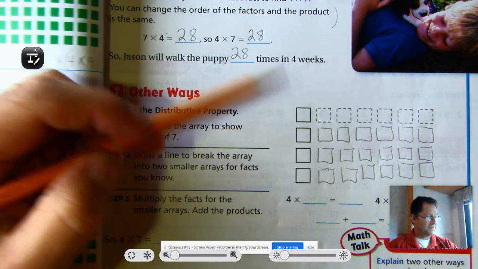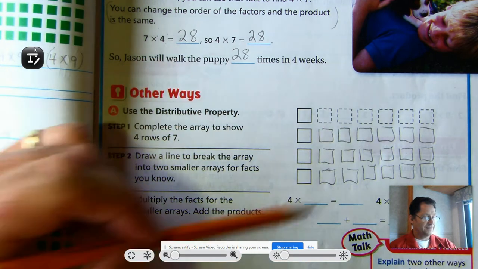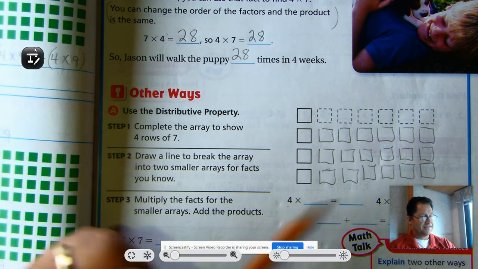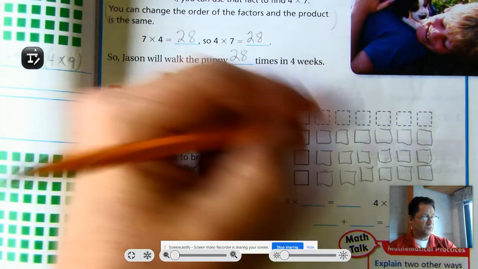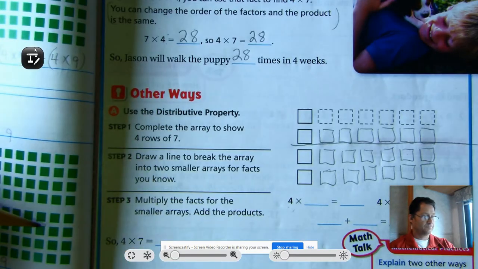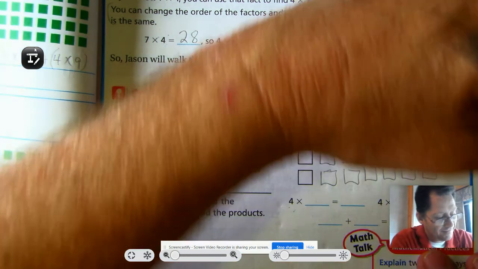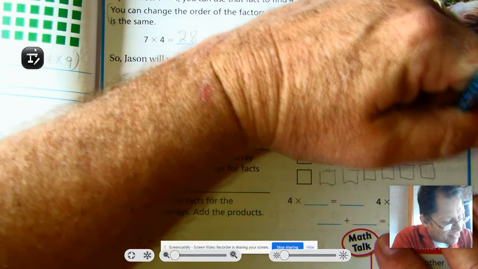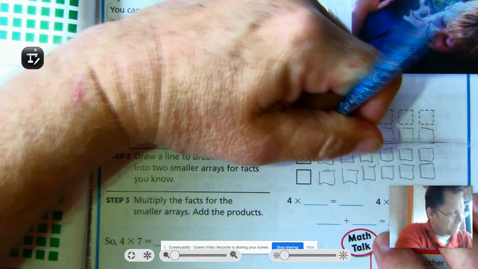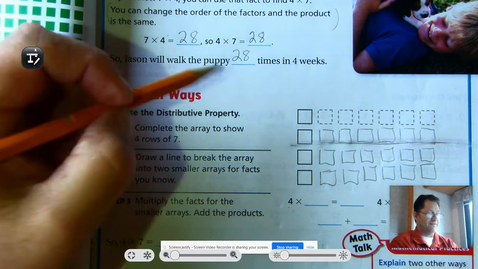Okay, so we have 4 times 7, and we can break this into 2 smaller ones. And so here they're saying, let's keep the 4 and let's break it into, I just said keep the 4 and I drew a line through the 4. Okay, so how do we want to break the 7?